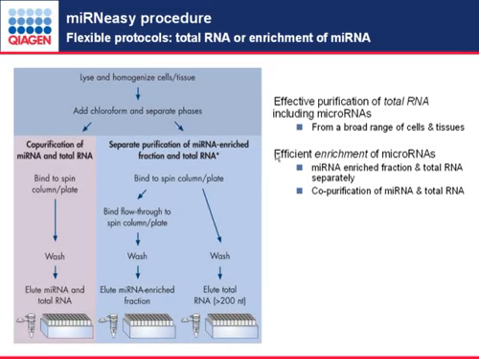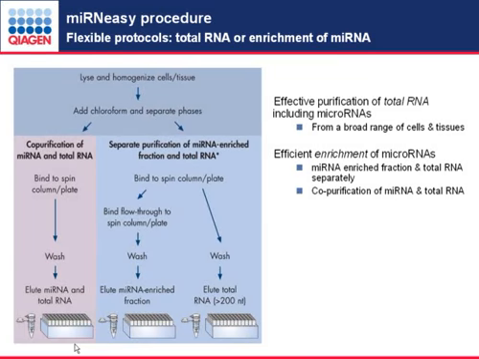Also, the kit allows for efficient enrichment of microRNAs, where you can also purify the microRNA fraction separately from the total RNA. And also an important point to note is that this spin column format has been automated on the QIAcube for walk-away microRNA purification.